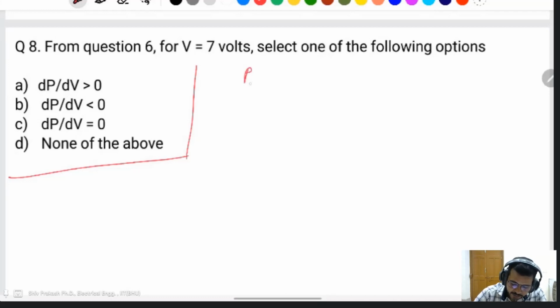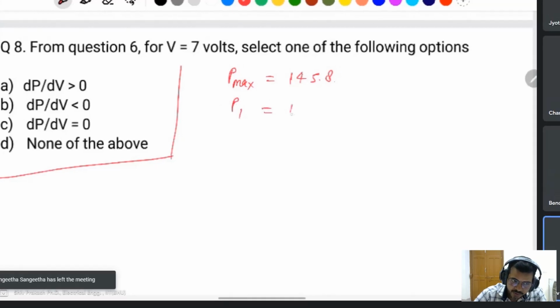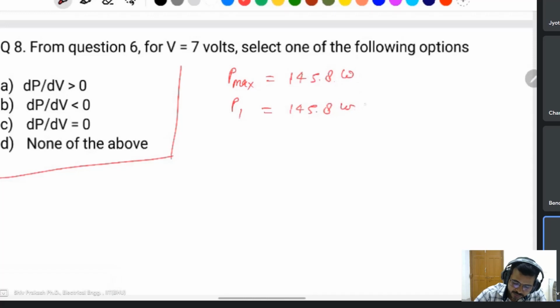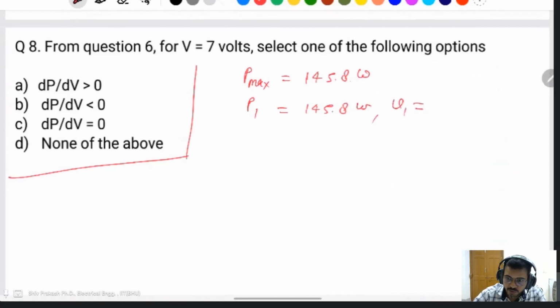P maximum is already calculated as 145.8. Take this as P1, 145.8 watt, and V1 at the maximum point is 9 volt, and V2 is given as 7 volt. At V2 calculate I2, the same 0.1 V square plus 24.3.